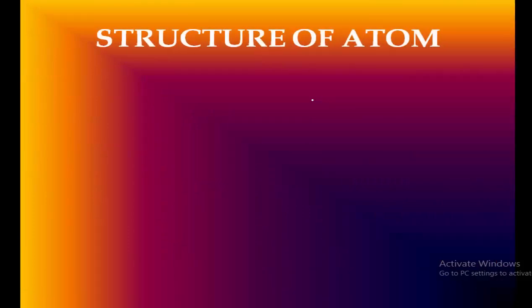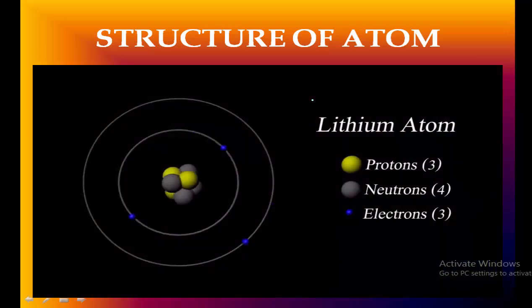So now let's see what the structure of an atom is. The atom is the smallest particle in matter, and we will see how it exactly looks, what it further consists of, whether it consists of any further fundamental particles, and how the structure of that atom is formed.